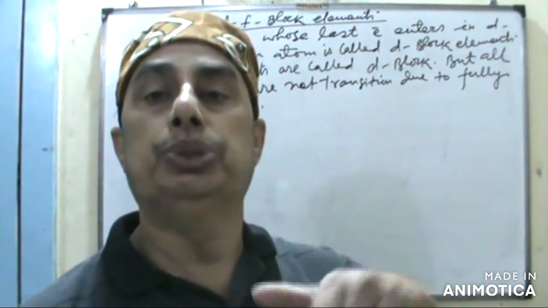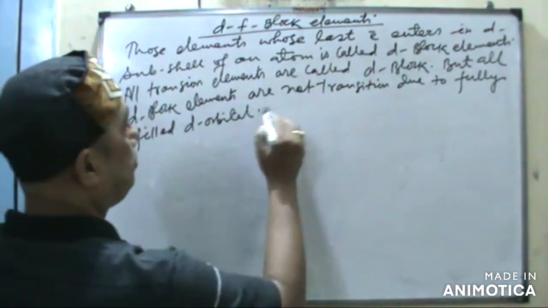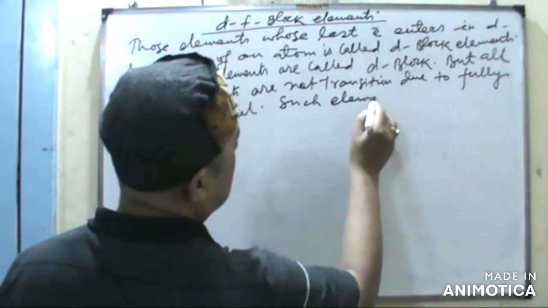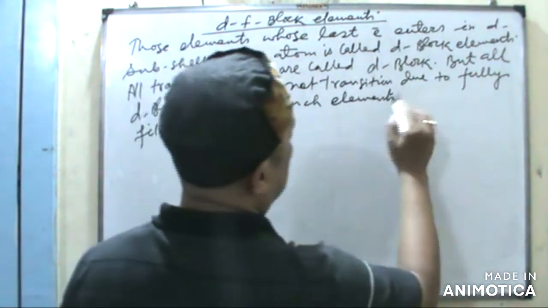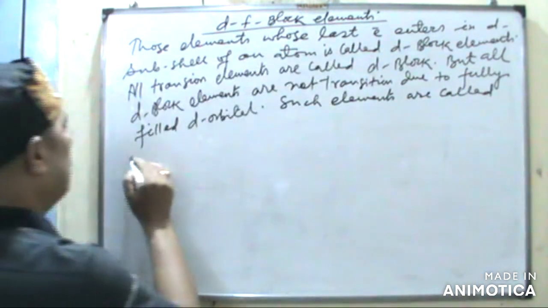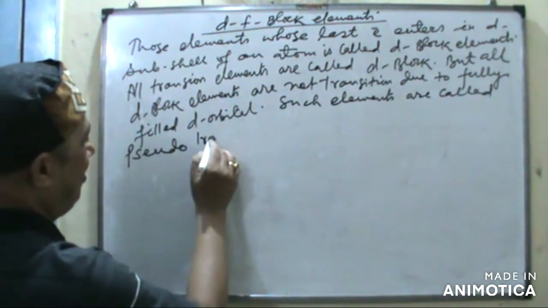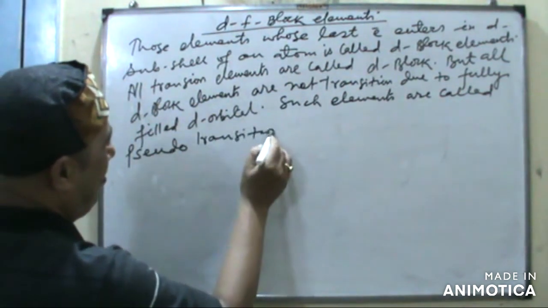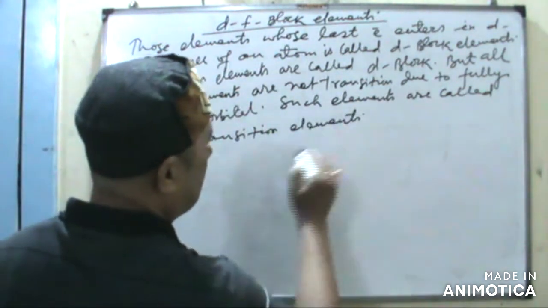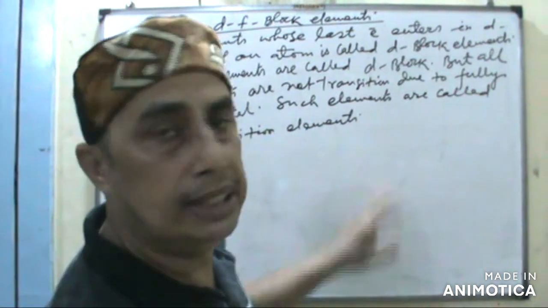They are called pseudo transition elements, because of completely filled d orbitals.